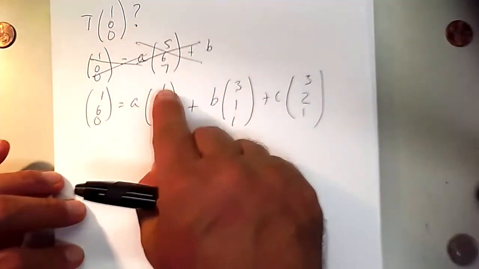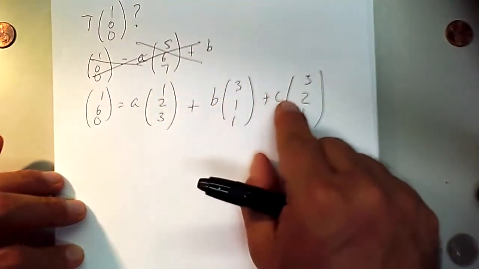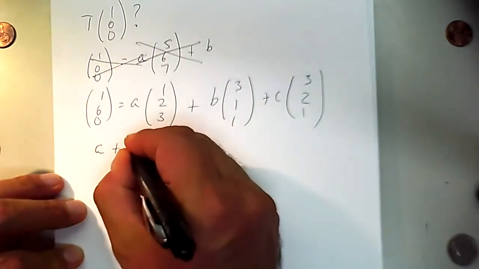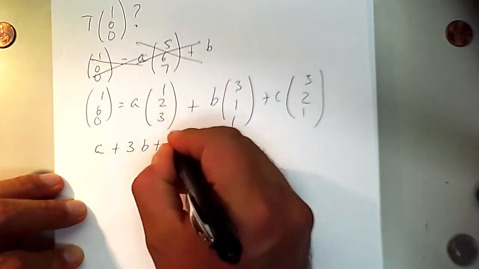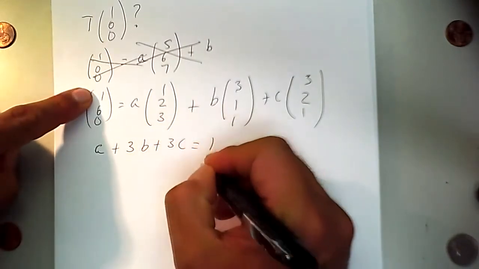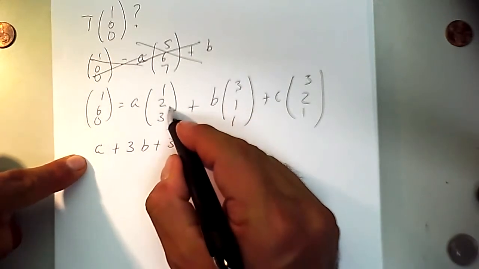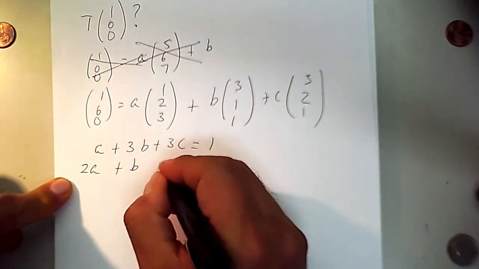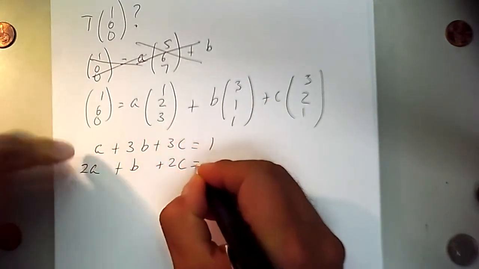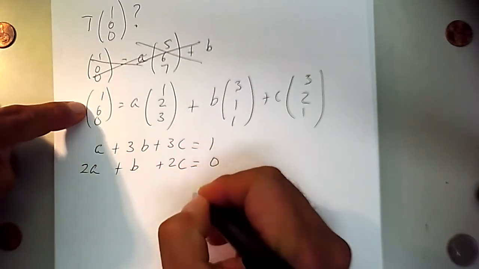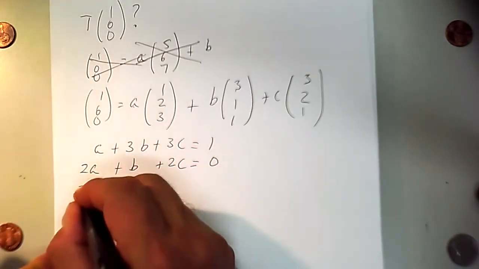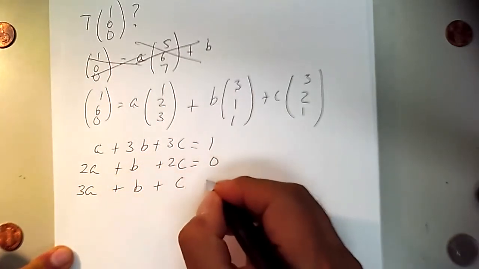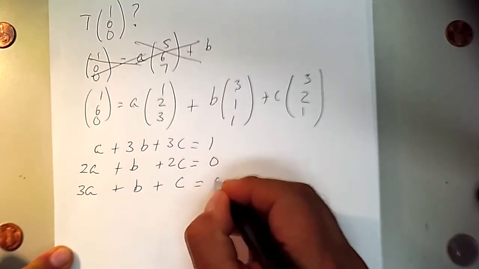That means that A plus 3B plus 3C equals 1, and 2A plus B plus 2C equals 0, and 3A plus B plus C equals 0 as well.